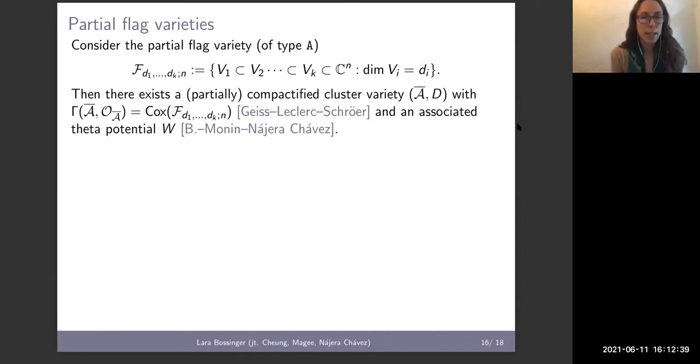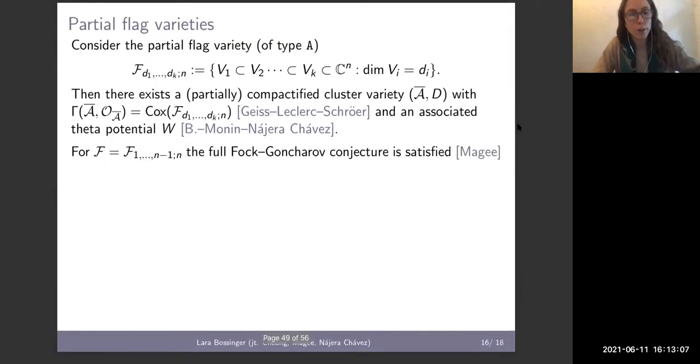Then due to work of Geiss, Leclerc, and Schröer, we're in the same setting as the Grassmannian, in the sense that there exists a compactified cluster variety whose ring of regular functions coincides with the Cox ring of the flag variety. And it is not too hard to then figure out what the theta potential should be. So the combinatorial hypotheses are satisfied, and we can write down the theta potential also in this case.